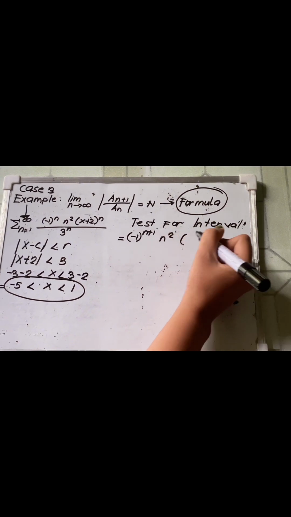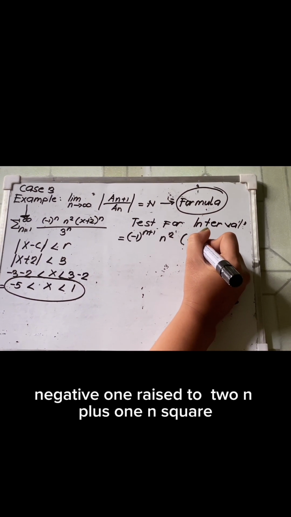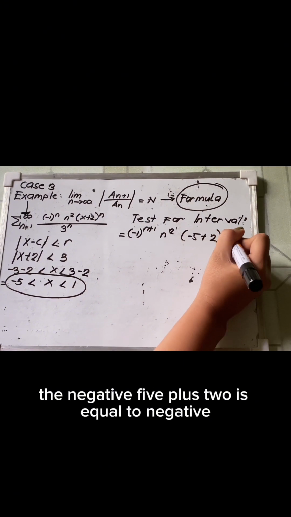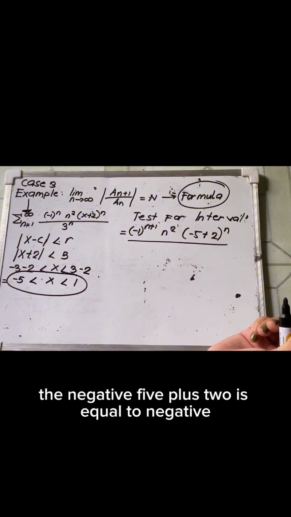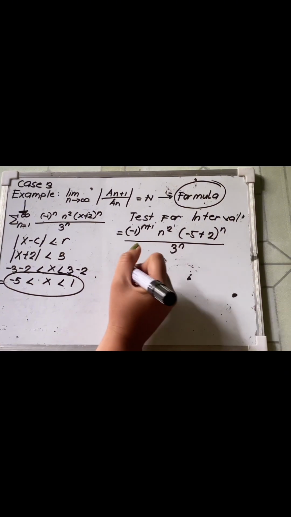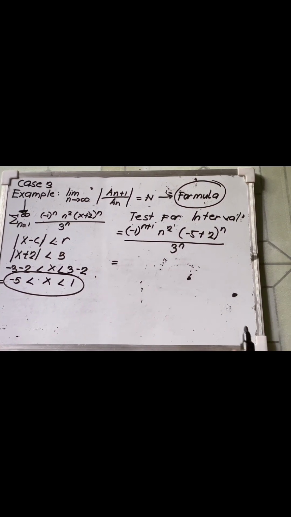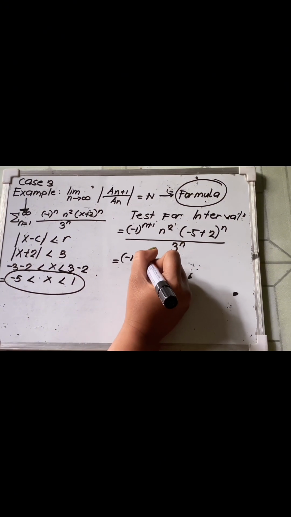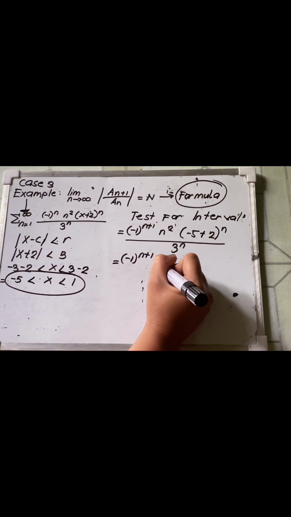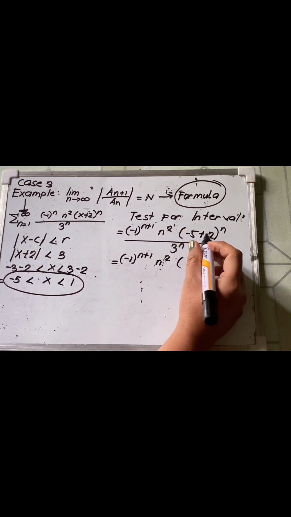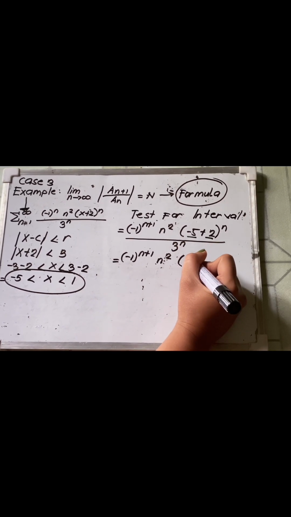Then, negative 1 raised to n plus 1 times n squared. Then, negative 5 plus 2 is equal to negative 3 raised to n all over 3 raised to n. So, we notice that negative 3 raised to n all over 3 raised to n have the same exponent, and we can combine those terms.